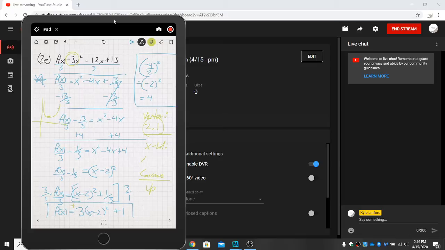No. In fact, there are no real x-intercepts here. You could set this equal to 0 and solve it. You could go back to the original problem and do the quadratic formula if you wanted to. But what you would find is the x-intercepts that you get are actually complex numbers.